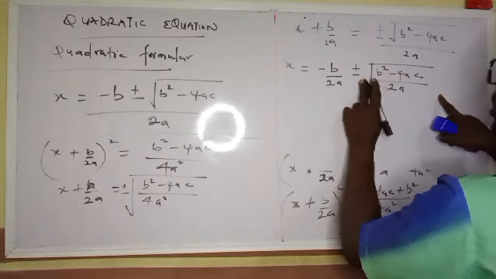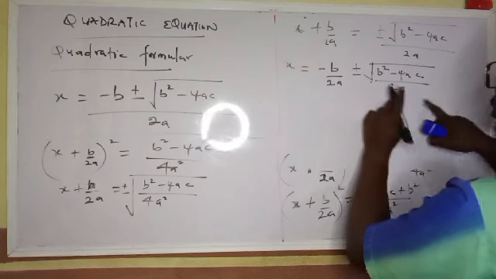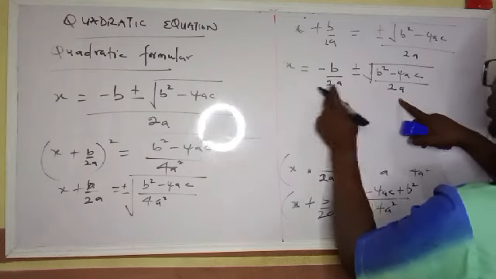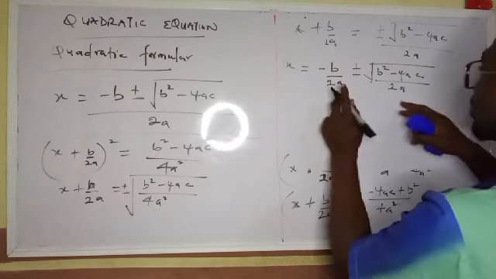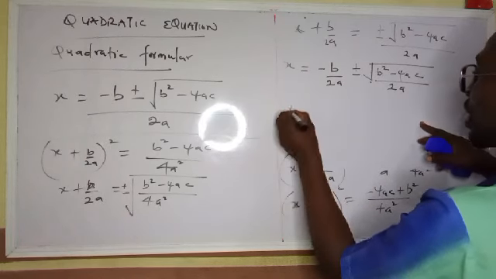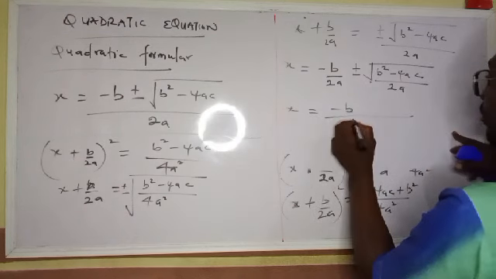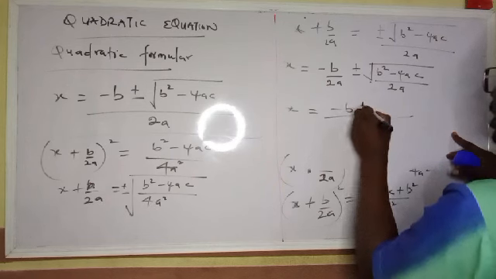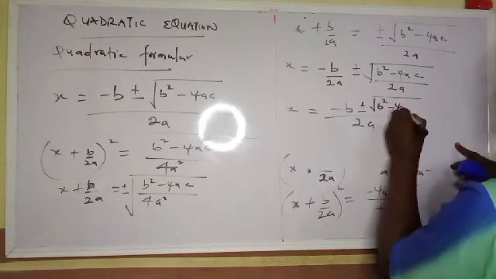If we look at the denominators, they have the same number, so let us simplify these two fractions. So x will now be equal to minus b plus or minus the square root of b squared minus 4ac, all over the common denominator 2a.